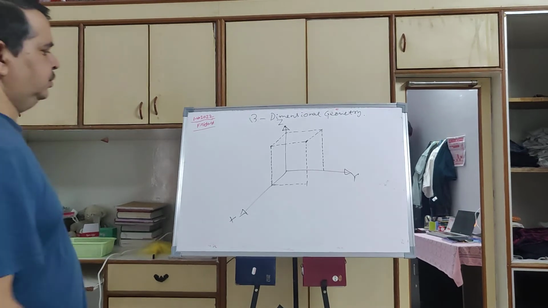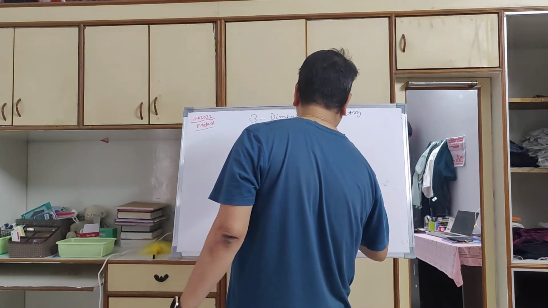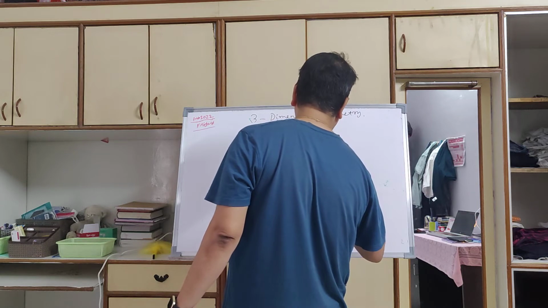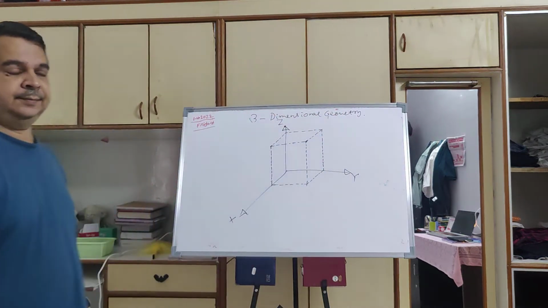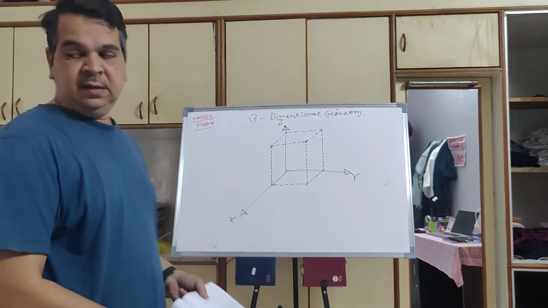This is a cuboid, because the faces are rectangles. Four faces are rectangles, two are squares. So this is a cuboid.